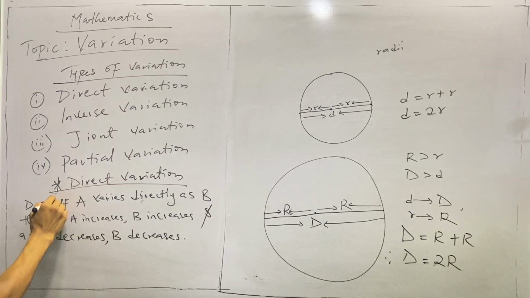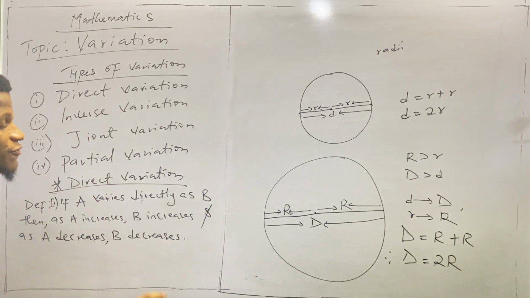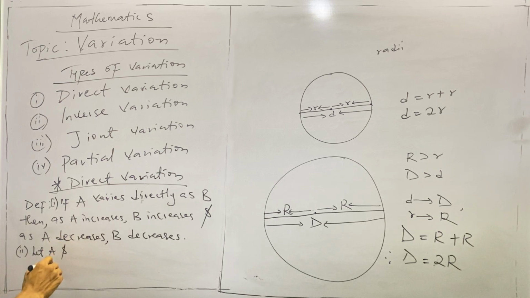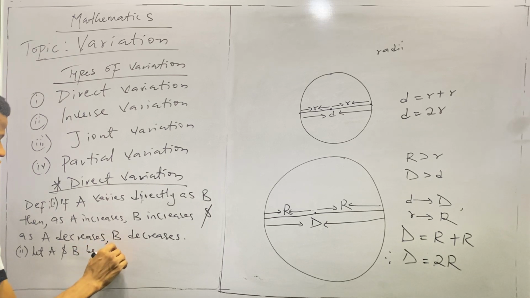The first definition. Another definition, which is a direct definition, is that: let A and B be quantities.